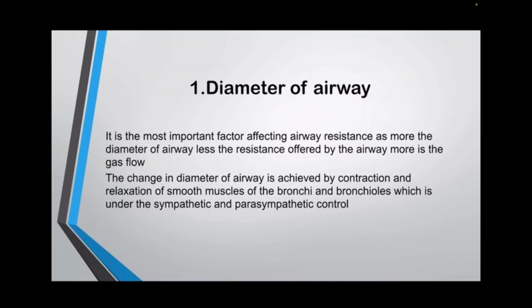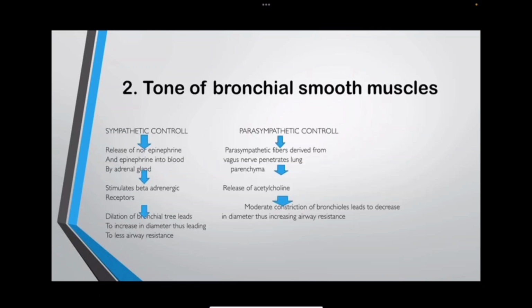The change in diameter of the airway is achieved by contraction and relaxation of smooth muscle of the bronchi and bronchioles, which is under sympathetic and parasympathetic control. Second, tone of bronchial smooth muscle. Sympathetic control: it releases epinephrine and norepinephrine into the blood from the adrenal gland, which stimulate the beta-adrenergic receptor, which dilates the bronchial tree, leading to an increase in diameter, thus leading to less airway resistance.